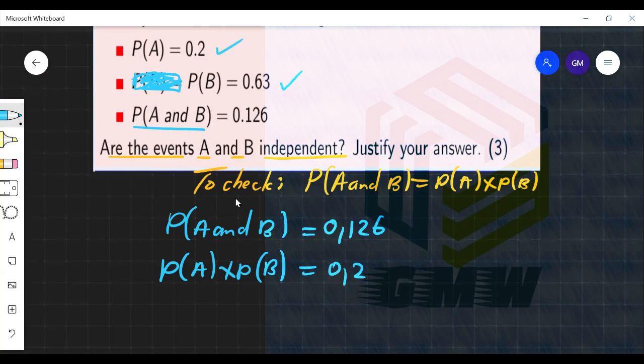So you have 0.2 times 0.63. What do you get? 0.126, right? Yes.